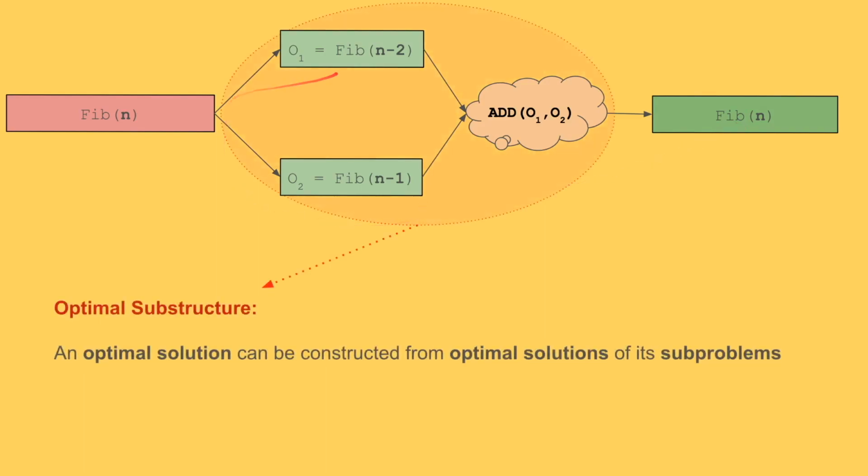Now this breaking into subproblems and running a function on the result of these subproblems has another complicated name, optimal substructure, which is basically what we just said: breaking a problem into multiple pieces, solving these pieces optimally, and then running a function on their results to get the optimal result to the original problem.